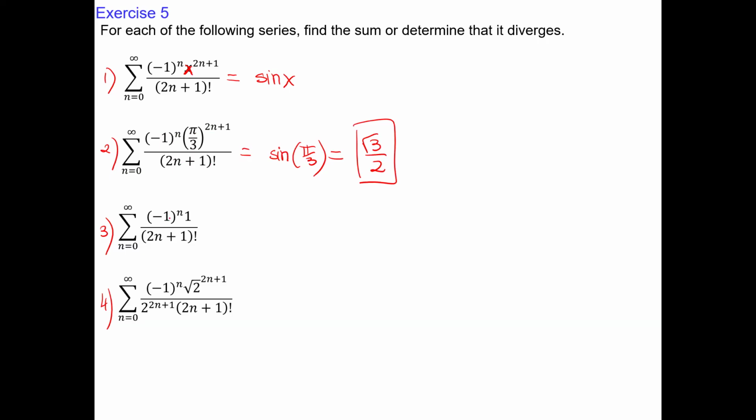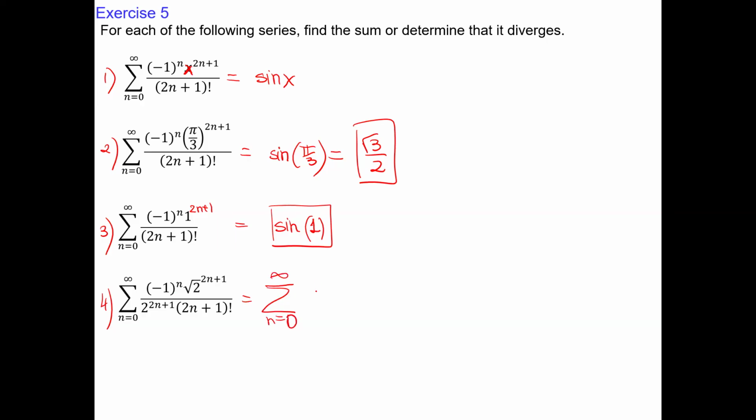Now, we have alternation, negative 1 to the power of n, 2n plus 1 factorial, and this one, 1 to the power of any number is 1. That means this one will be sine of 1, and we have to leave it like this, because it's not a value from the unit circle. That will be the final answer for us. And this one is a little bit different, I can rewrite.